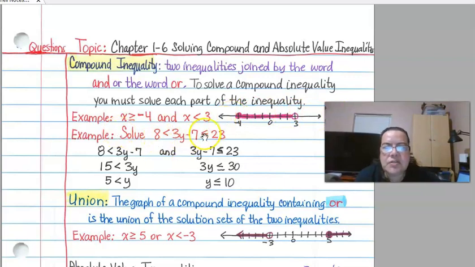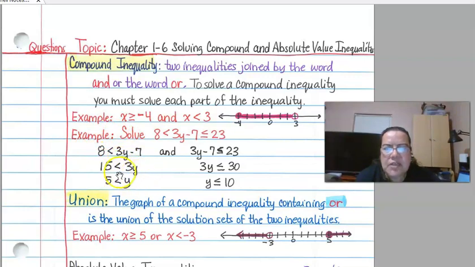So what if I ask you to solve a compound inequality and they're both put together? That's okay, just split it up in two pieces. So you've got one of the inequalities, 8 is less than 3y minus 7, and you have this other piece, 3y minus 7 is less than or equal to 23. Solve in the usual way for your y or x or whatever variable they give you. I kept the 3y on this side, I moved the 7 this way, so that became 15 less than 3y.